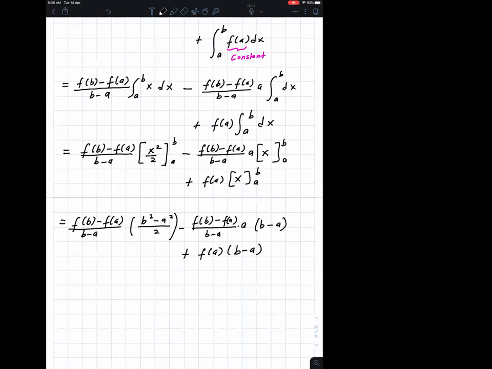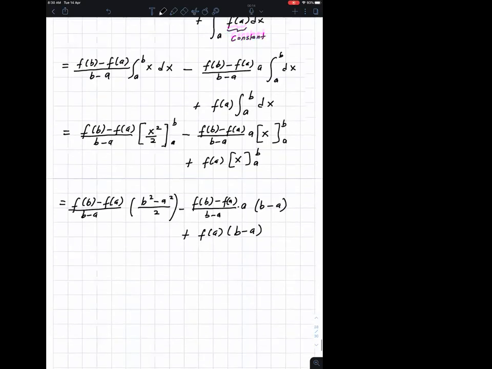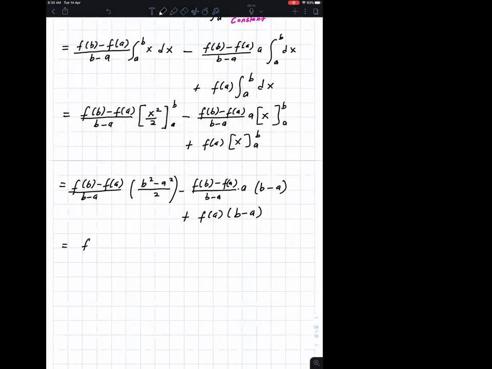Okay, now what we're going to do on the side, FB minus FA, and then you have B squared, 1/2 can come outside.